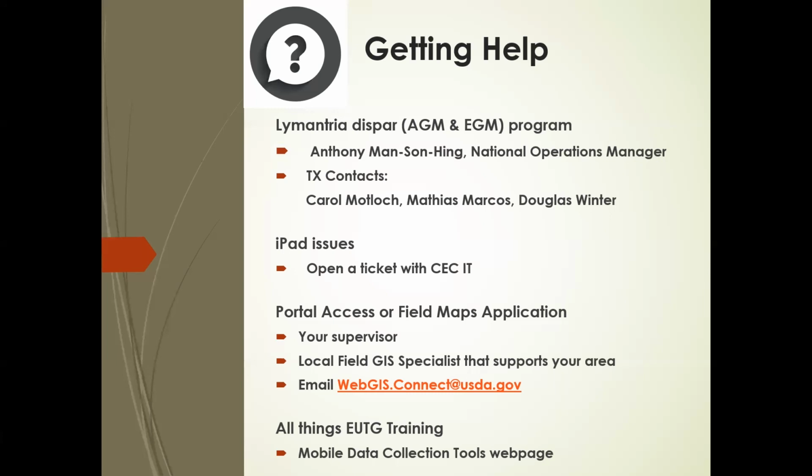There's also this webgis.connect email, which can help you if you're having trouble accessing things in the portal or with a portal user account at all. Really all things training, that mobile data collection tools webpage is your place to go. Even just looking around a little bit, you'll find things that might help you along the way, but you can also always reach out.